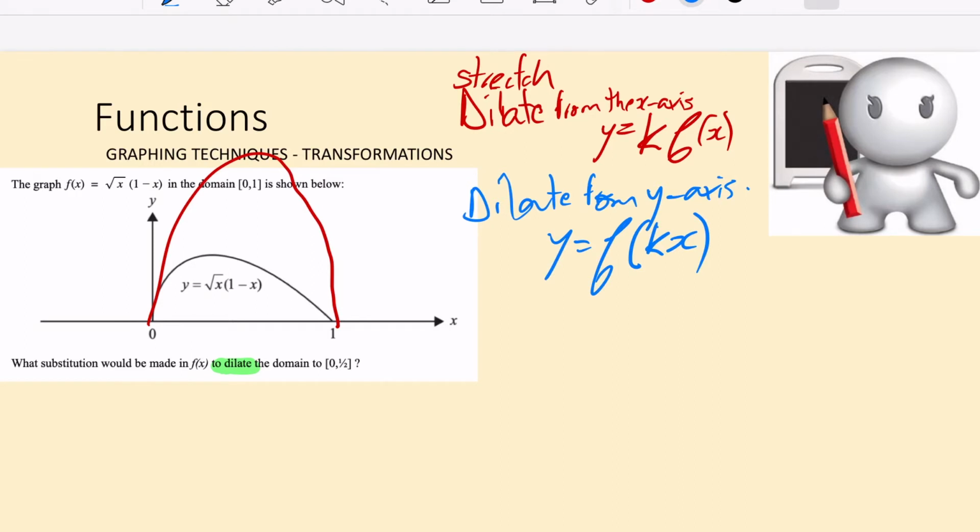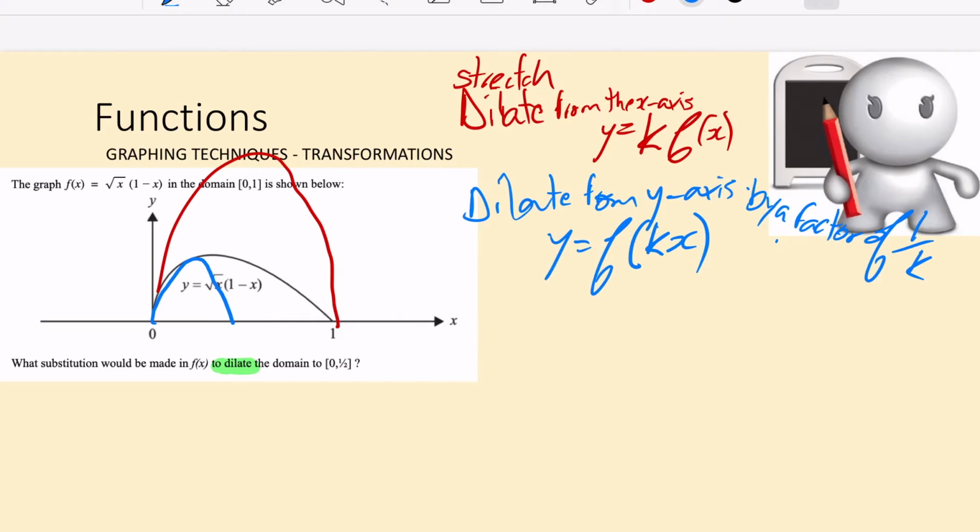Now here it'll be by a factor of 1 over k. Alright, so that's the understanding behind it. Okay, over here, everything will still be the same height, except it's going to be stretched from the y-axis.